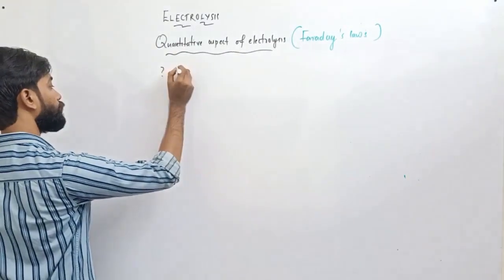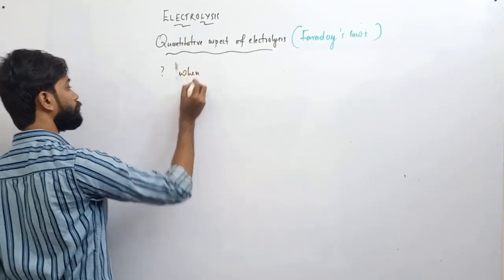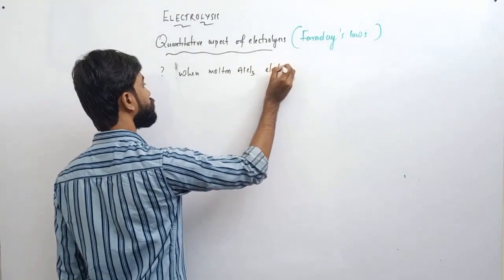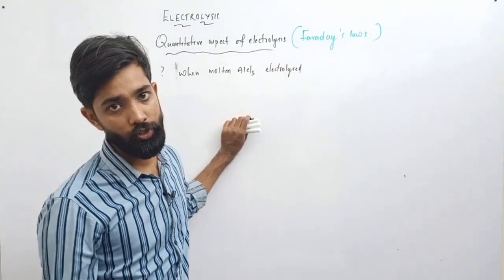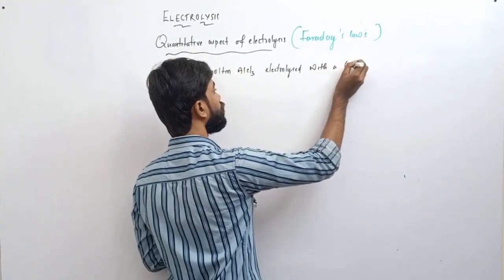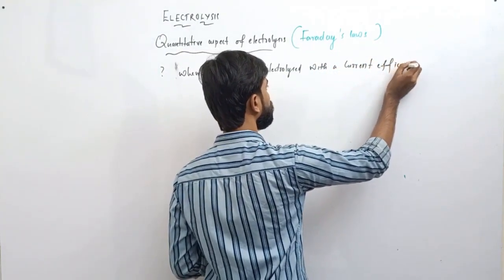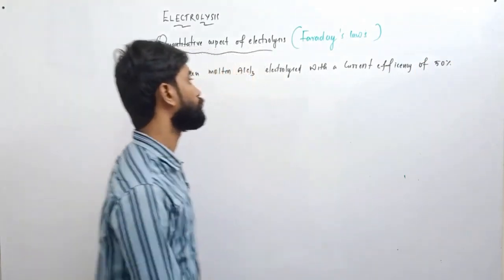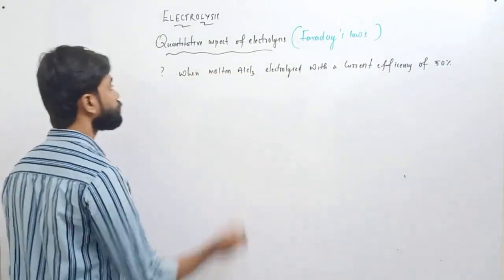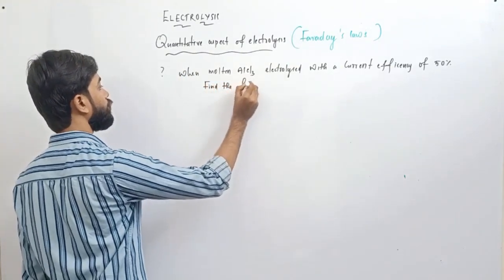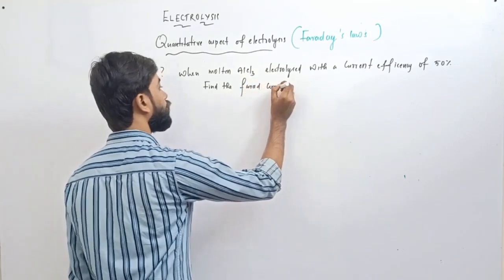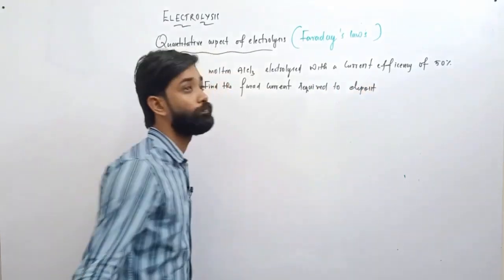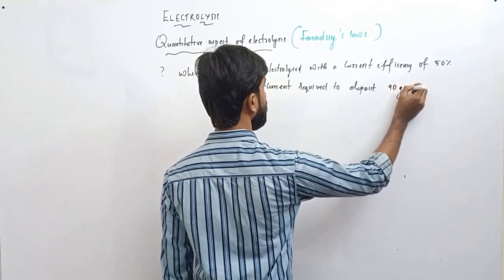Okay. The next question: when molten AlCl3 is electrolyzed with a current efficiency of 50%, find the farad current required to deposit 90 gram aluminum.